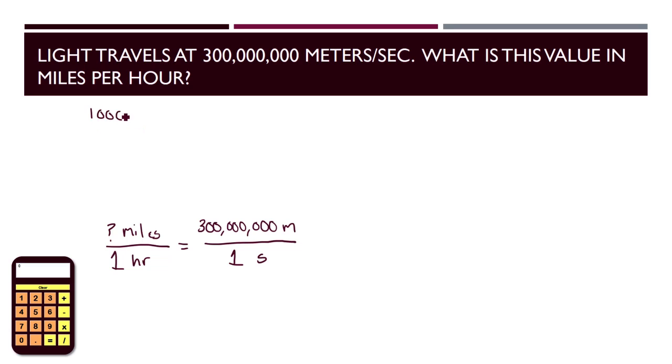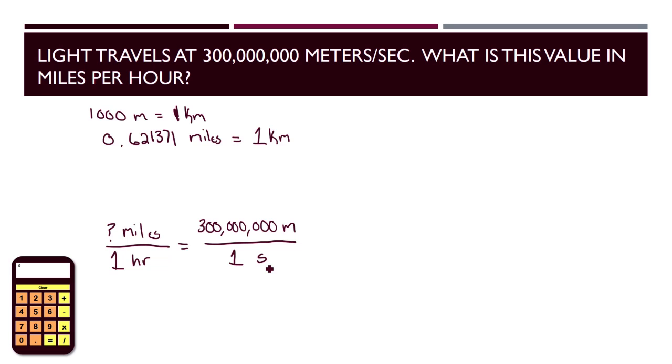I know that there are 1,000 meters in 1 kilometer, and that's an important conversion factor for me because I happen to know that there are 0.621371 miles in every 1 kilometer. Remember, we used that conversion factor earlier. Converting meters to kilometers is important so that I can convert from kilometers to miles, right? That's where I want my distance unit to go, from meters to miles.